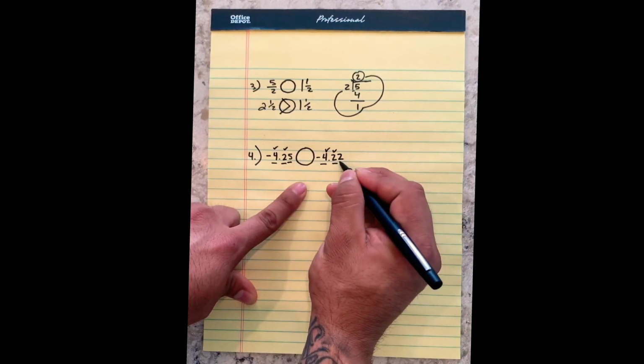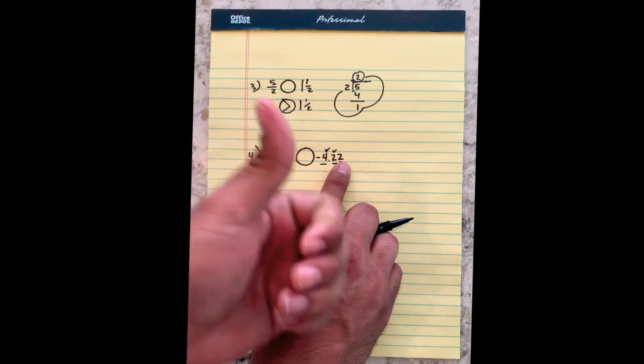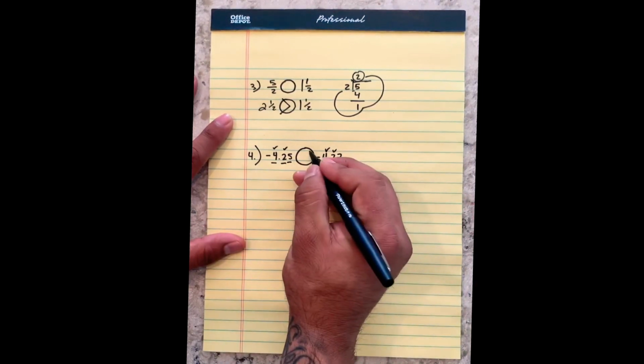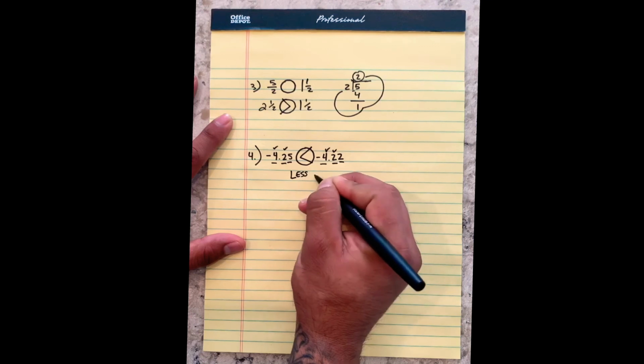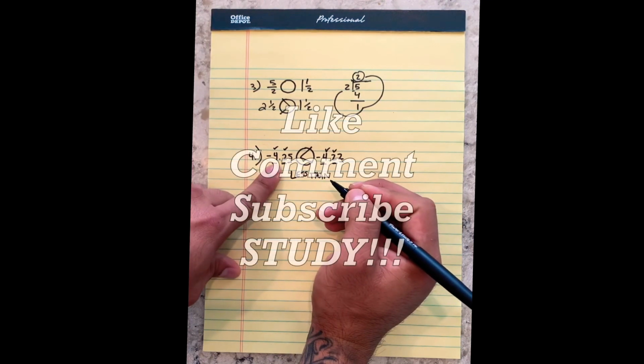Now you got a -5 in the hundredths place and a -2 in the hundredths place. Then -5 is further left, then -2 is further right. So -4 and 25/100ths is less than a -4 and 22/100ths.